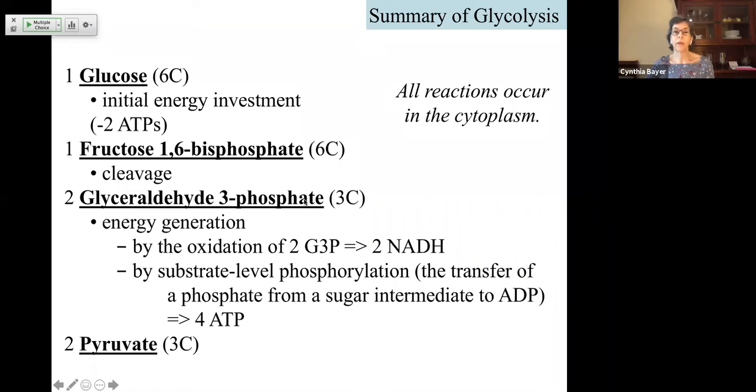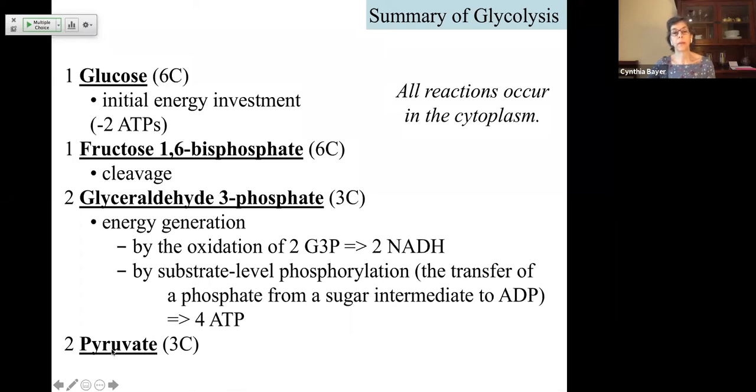Then we enter the energy generation phase, where that glyceraldehyde 3-phosphate will be oxidized, electrons will be removed and transferred to our electron carrier, NADH, which is reduced, and phosphorylation, meaning transfer of a phosphate from a substrate to ADP, will synthesize ATP molecules.